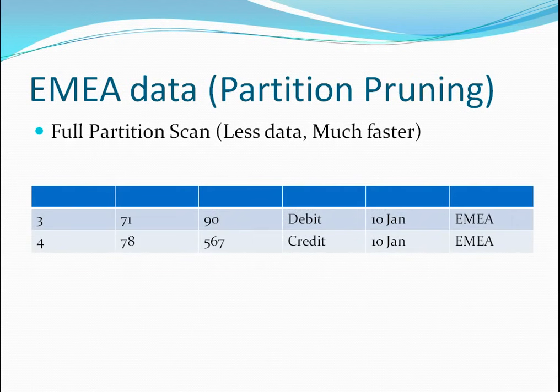So instead of doing a full table scan, which would have included North America and Asia Pacific, if you see the explain plan, it's going to say full table scan, but for that particular partition. And this particular concept is called partition pruning. So as soon as we partitioned the table, our performance significantly improved.